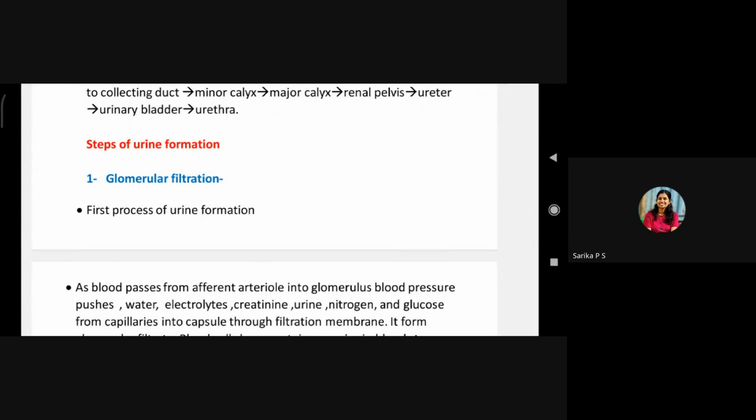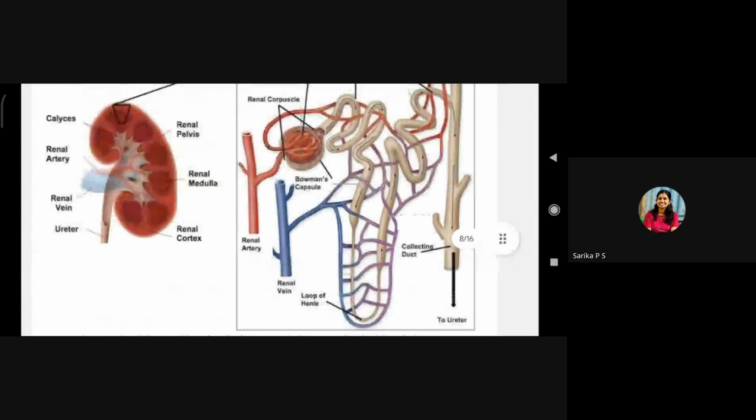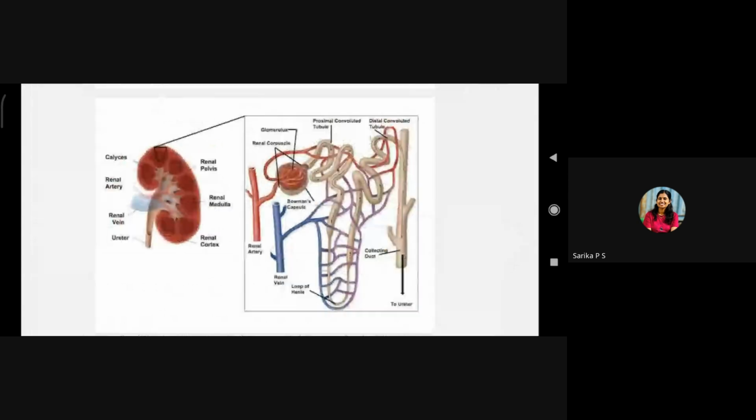Yesterday we have seen that this is nephron and it is part of those pyramids inside the kidney, which is known as medulla of kidney, and above the medulla or surrounding the medulla there is cortex, right?